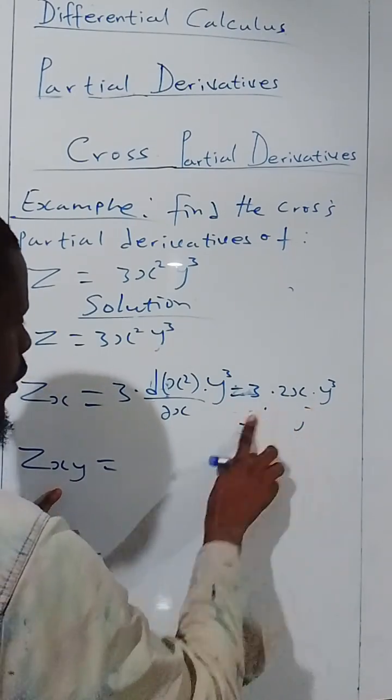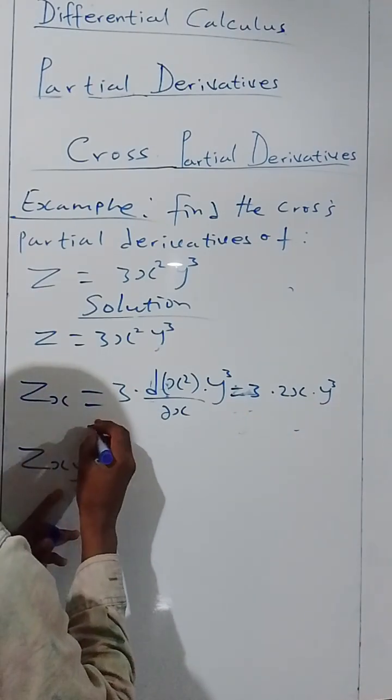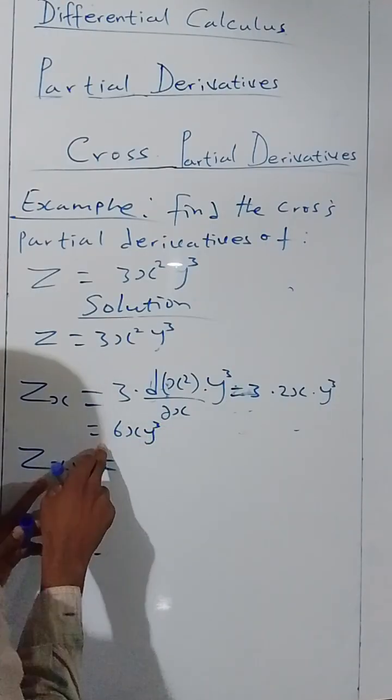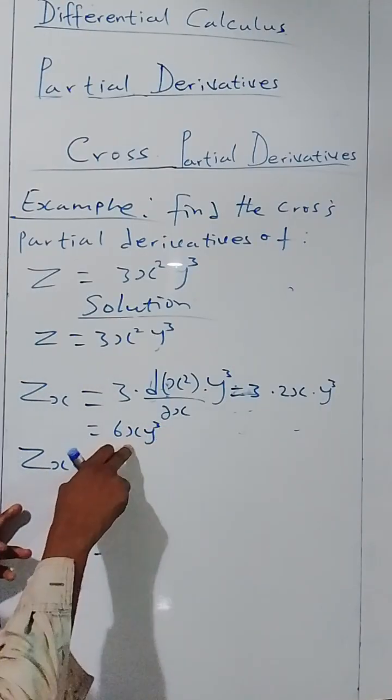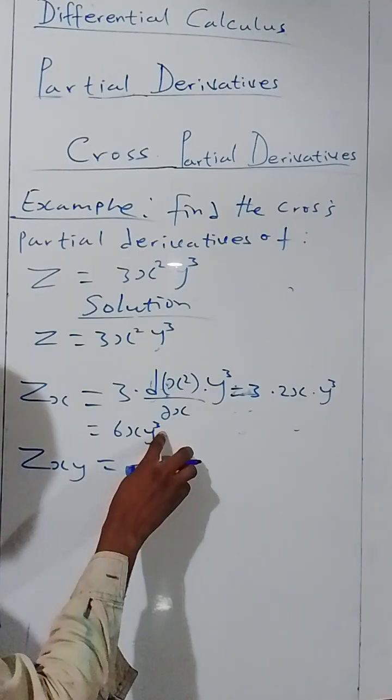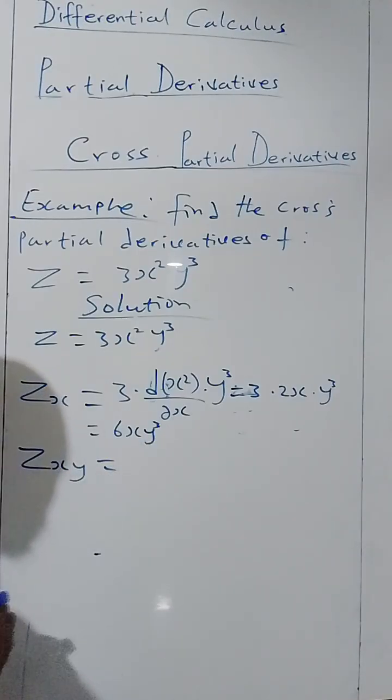Let me write that here. So this is 6x y raised to power 3. I'm differentiating this with respect to y, not x, because I'm looking for cross partial derivatives.